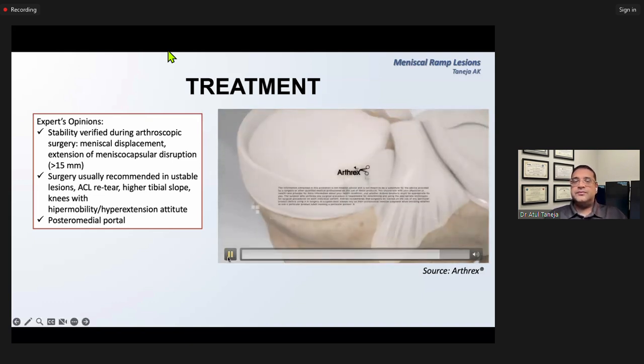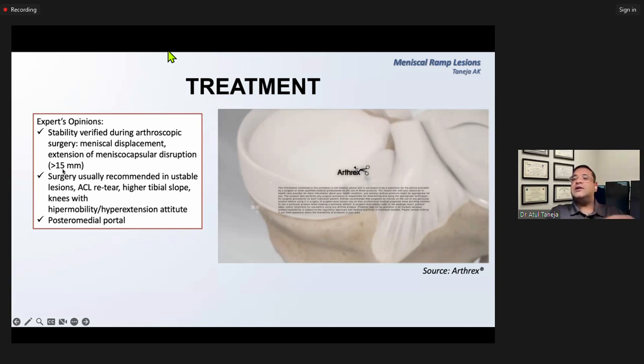All right, beautiful illustrations. Again, speaking to the experts, I spoke to great knee surgeons, internationally renowned surgeons. They said they verify stability during the surgery, if there is meniscal displacement of more than 15 millimeters. Remember, I showed you 1 and 2 centimeters, these are literature measurements.